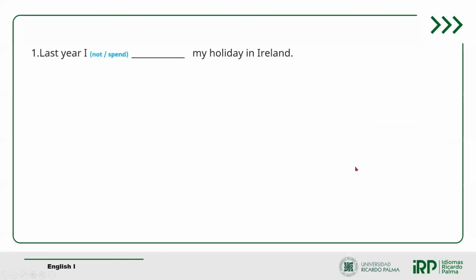Let's complete these sentences, okay, with a negative verb. So, last year, my holidays in Ireland. Last year, I didn't spend my holiday in Ireland. What about the second? It, negative form, it wasn't great, right?